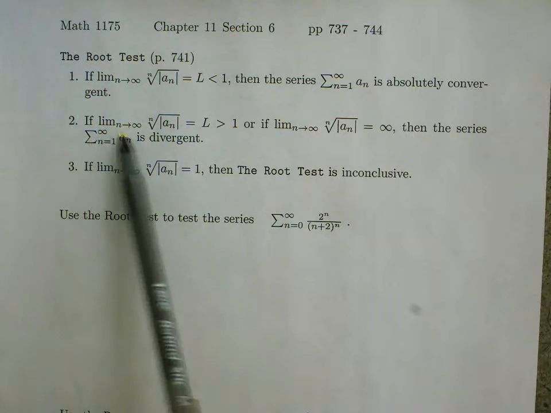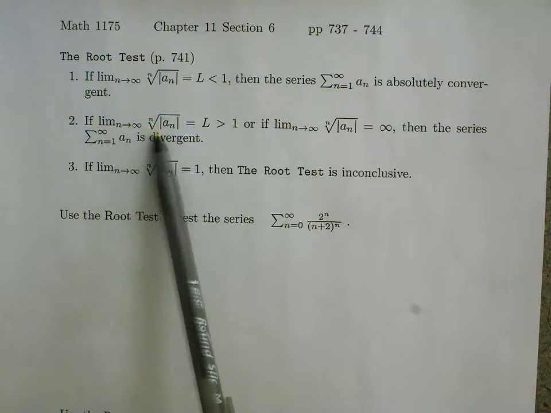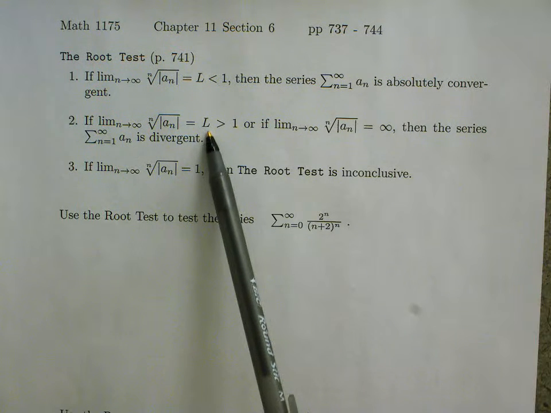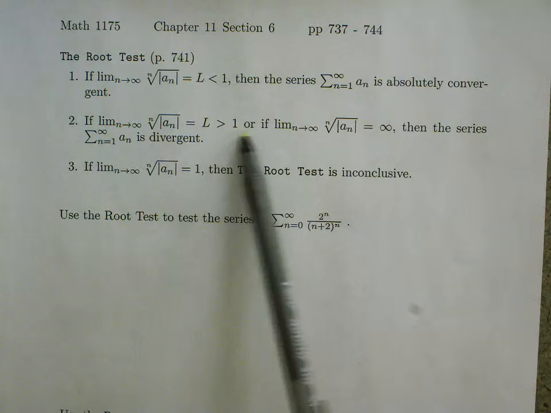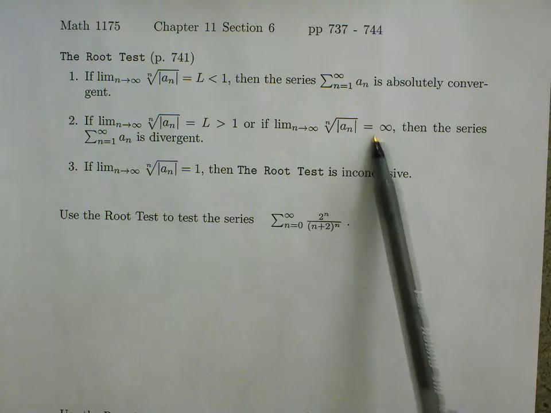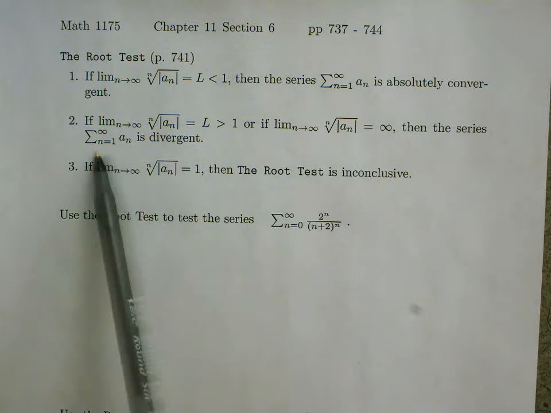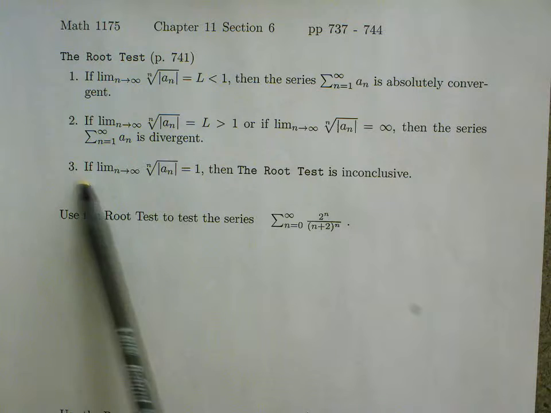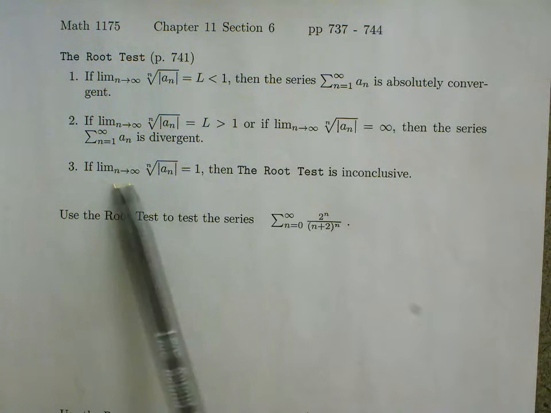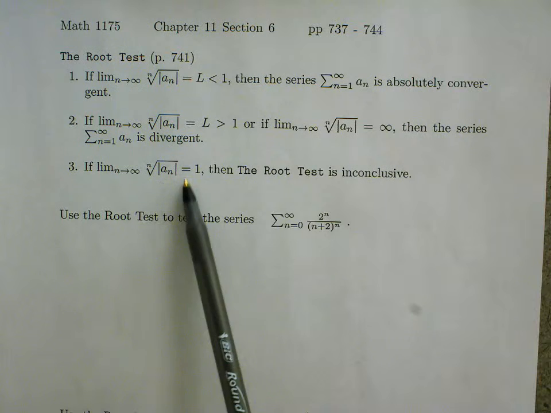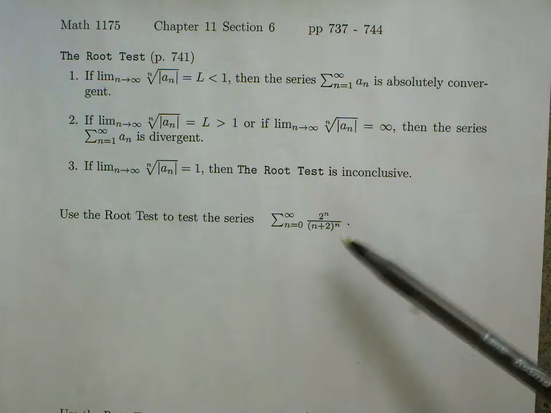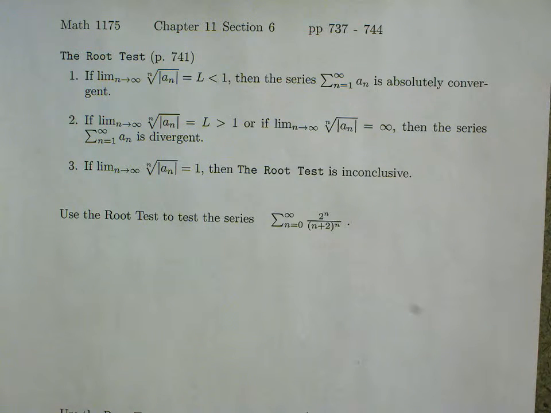On the other hand, if this limit of the nth root of the absolute value of a sub n is equal to a finite number greater than 1, or if that limit is equal to infinity, then the series is divergent. And then part 3, if the limit of the nth root of the absolute value of a sub n is equal to 1, then the root test is inconclusive, so we would have to find a different method to test the series.